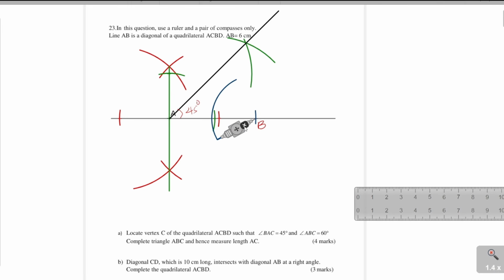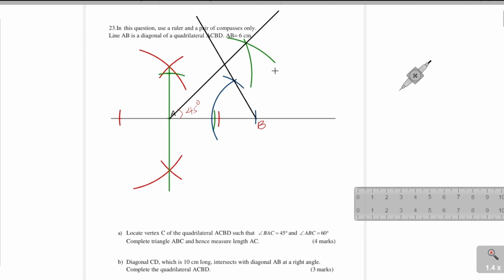Then with the same radius, without changing that radius, you come and stand at this point where you made that arc, and then you cut that arc. Like that. So now after doing that, you join point B to the point of intersection of those arcs. On the right hand side, it will be 120. On the left hand side, you shall have 60.